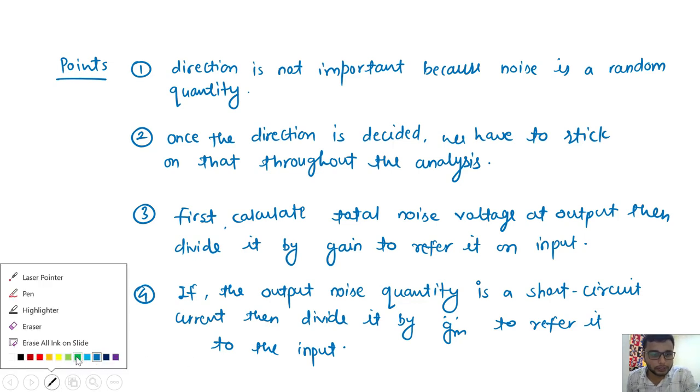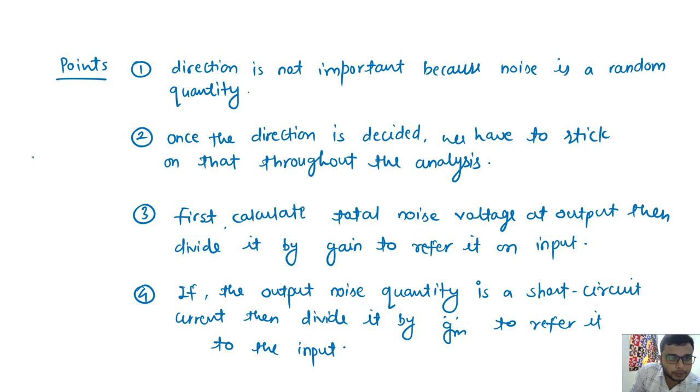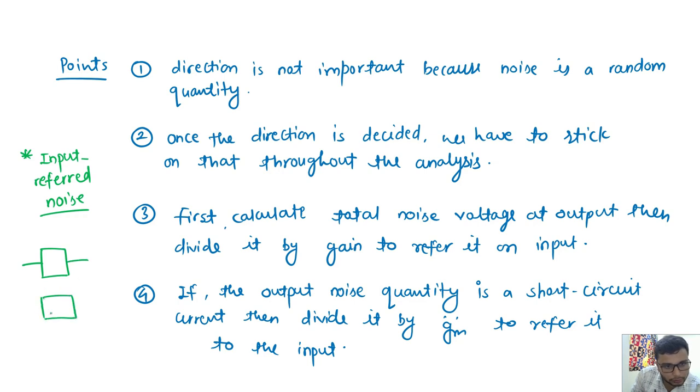So once we have the complete input referred noise information for the two circuits, we can compare. If there are two circuits, circuit 1 and circuit 2, whatever their gain, I don't care about that. First I will calculate the complete output noise, then I will refer it to the input by using their gain or GM parameters, depending on what we calculate at the output.